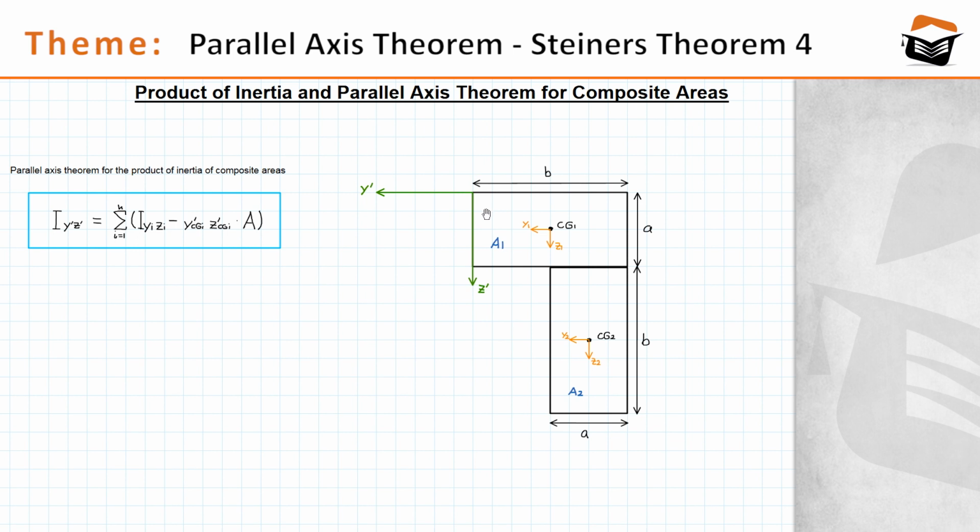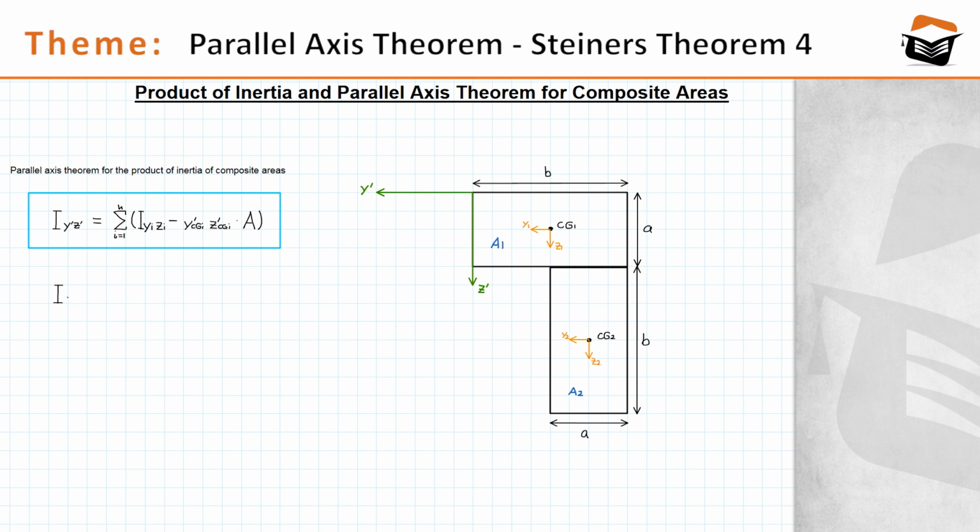And if your body is such that at least one axis is an axis of symmetry, the value of I sub yz automatically becomes 0, as you've learned in the text and in another video on products of inertia. Therefore, I sub yz is going to be 0.